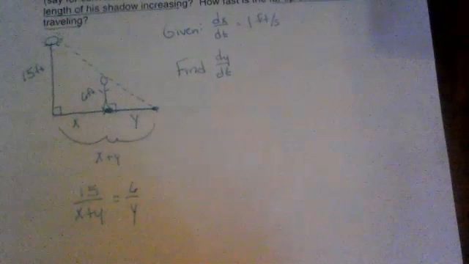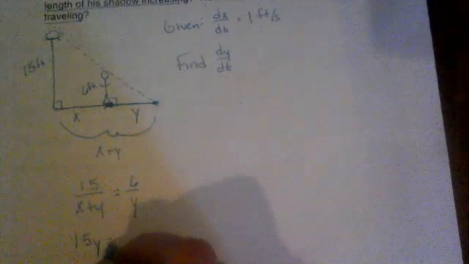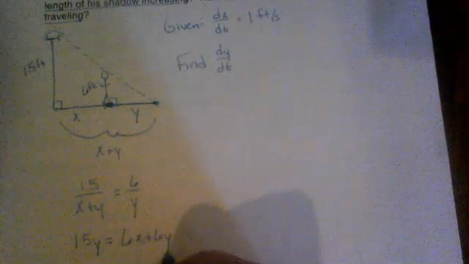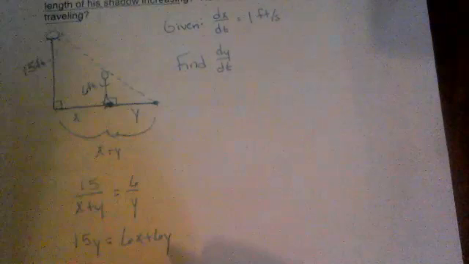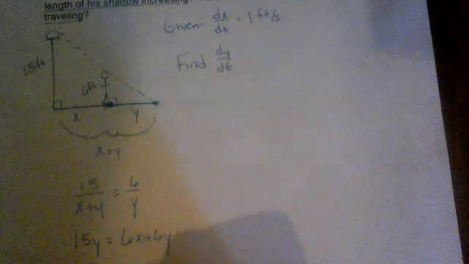To solve a proportion, I can cross multiply. So I've got 15y equals 6x plus 6y. I'm going to put the x's on one side, y's on the other. So subtract the 6y, I get 9y equals 6x.